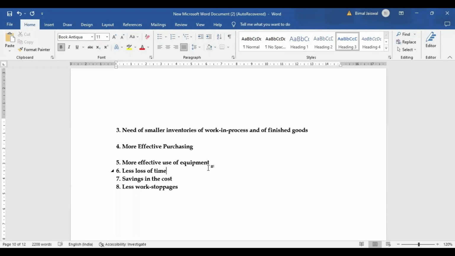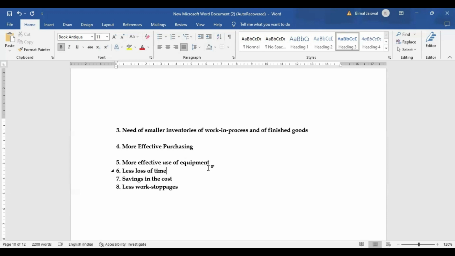Loss of time is a basic aspect which already exists in production activities, but the effort has to be made to reduce the loss. Cost: high cost of production will increase the cost price and selling price, and the goods will be costlier in the hands of customers, which may lead to a decrease in demand.